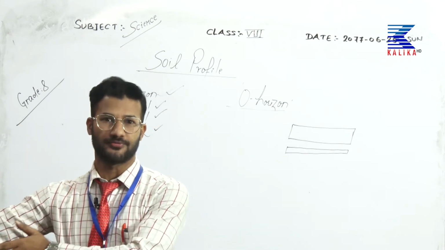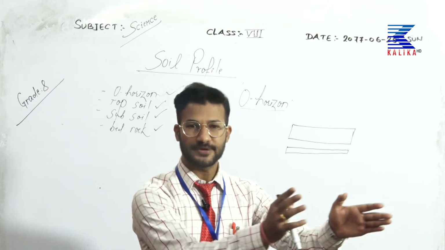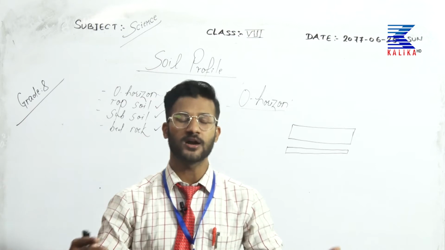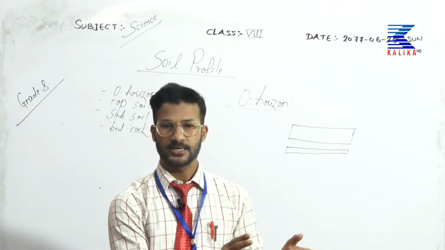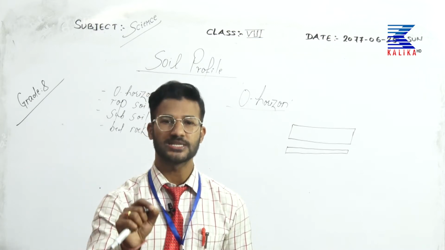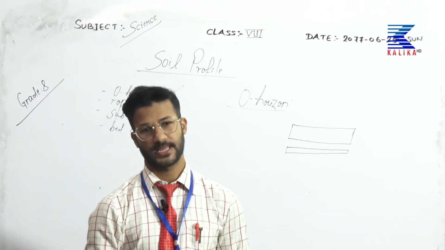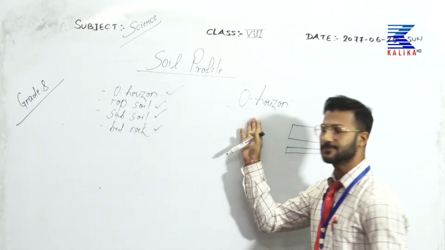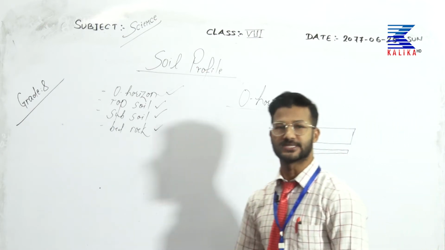But I already told you, the presence of this layer, O horizon, may not be found in every part of Earth. If you go to see O horizon in every part of land, you may or may not observe it. Some parts of land start directly from topsoil without being richly supplied with humus. That is why you need to consider this as the very topmost layer that may or may not be present.